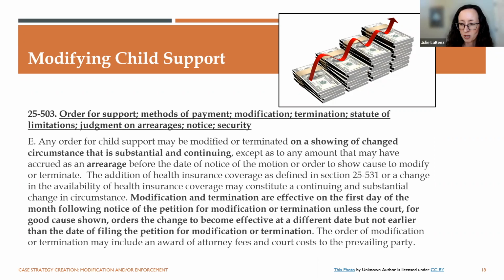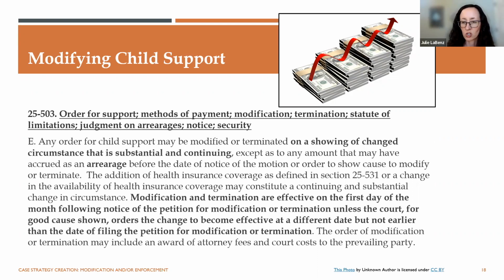We have a question. How about remarriage? Would that be a substantial and continuing change in circumstances? Possibly. You're going to need to put in more information about how the marriage changes the gross income or the amount being paid for health insurance coverage. You've got to think about that child support calculation.